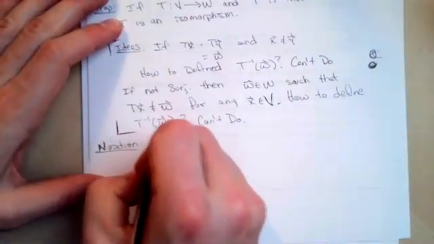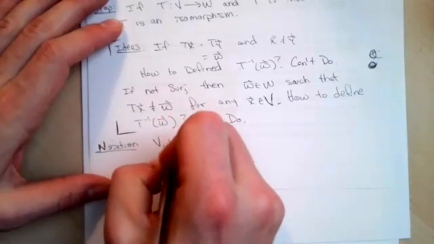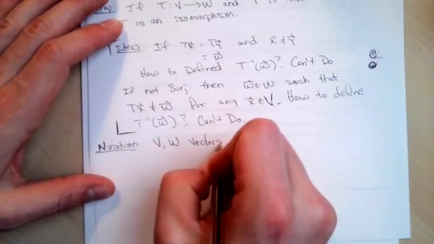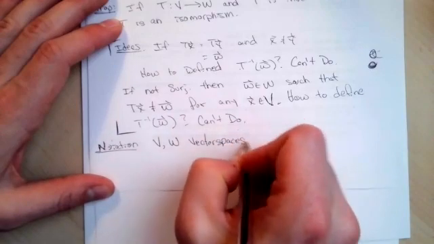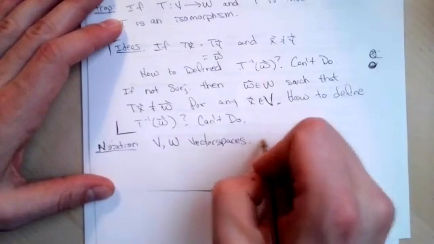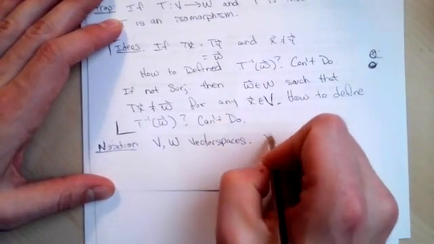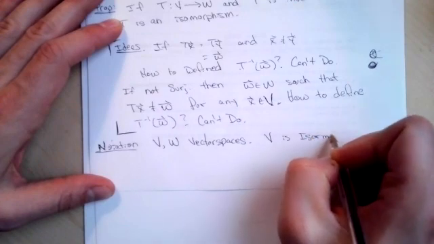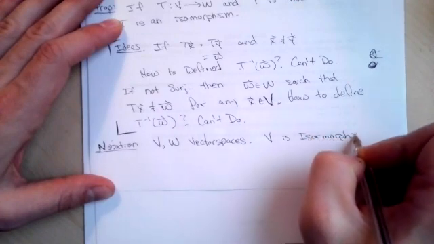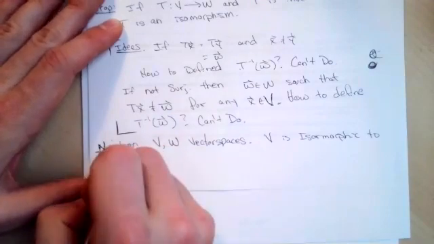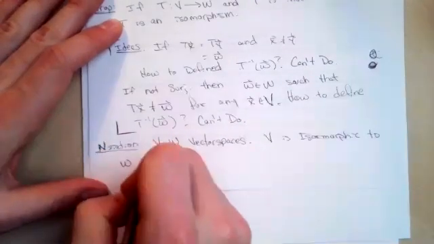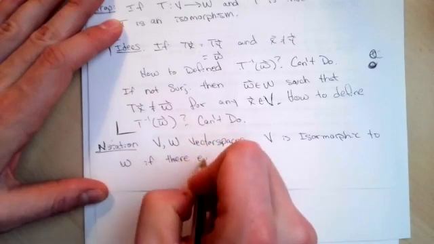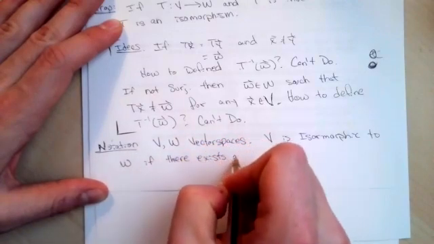If we have V and W vector spaces, then V is isomorphic to W if there exists an isomorphism between them.